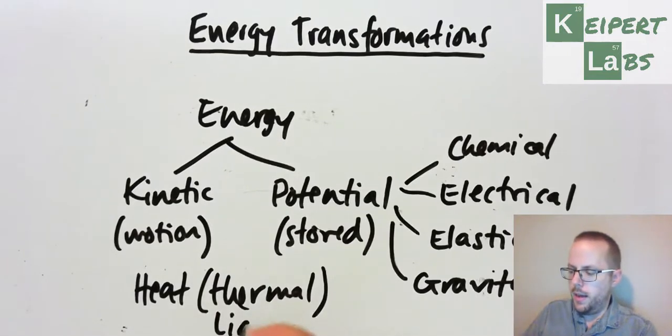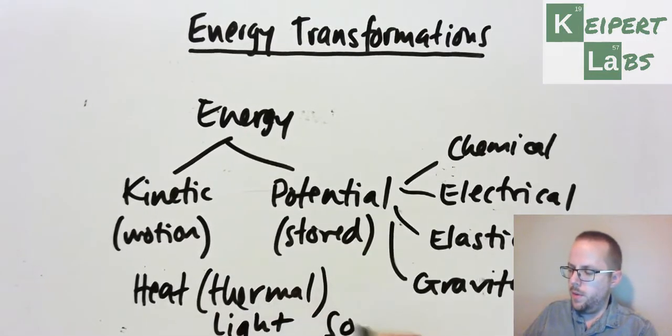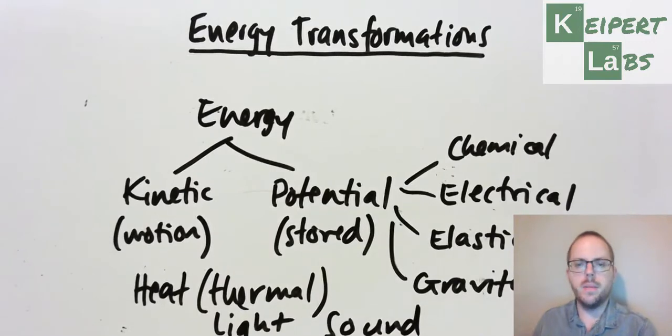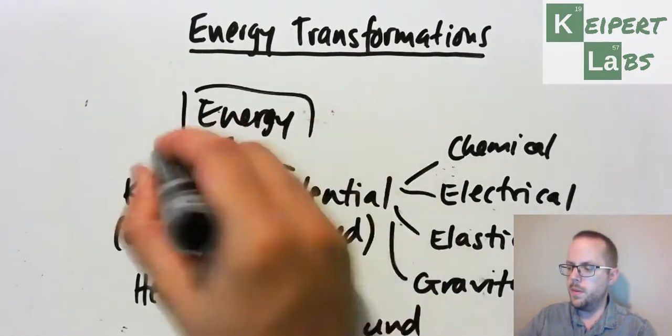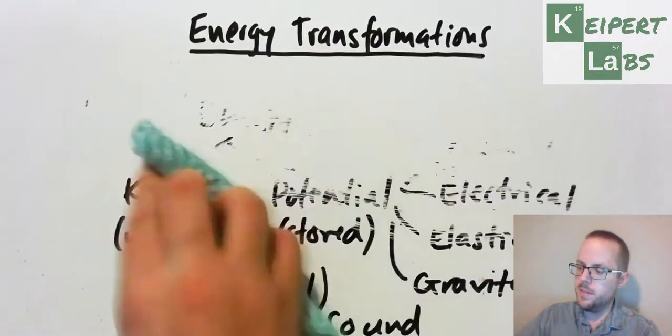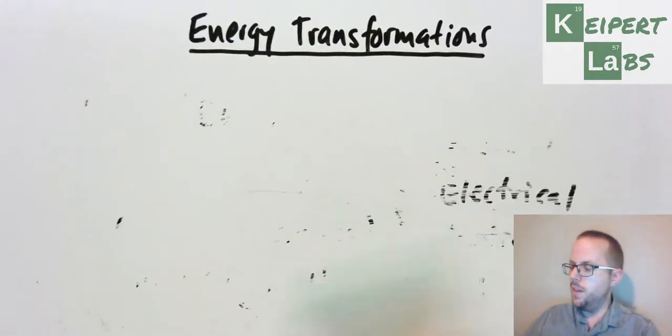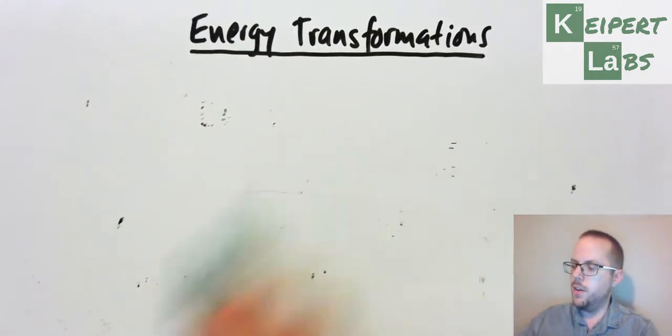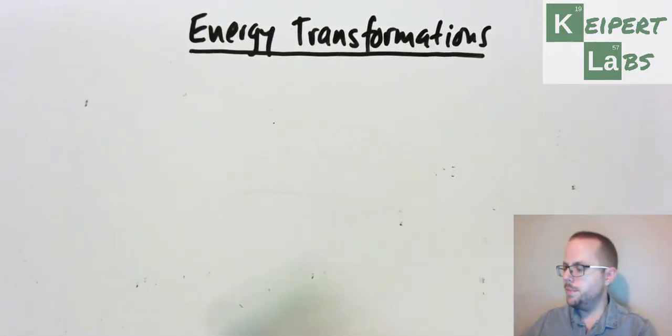We've also got light, we've got sound. There's some other examples that we're really familiar with of types of energy. So you need to be really familiar with what some of these labels are, but for the purposes of this video, we're thinking about how energy can change from one form into another.